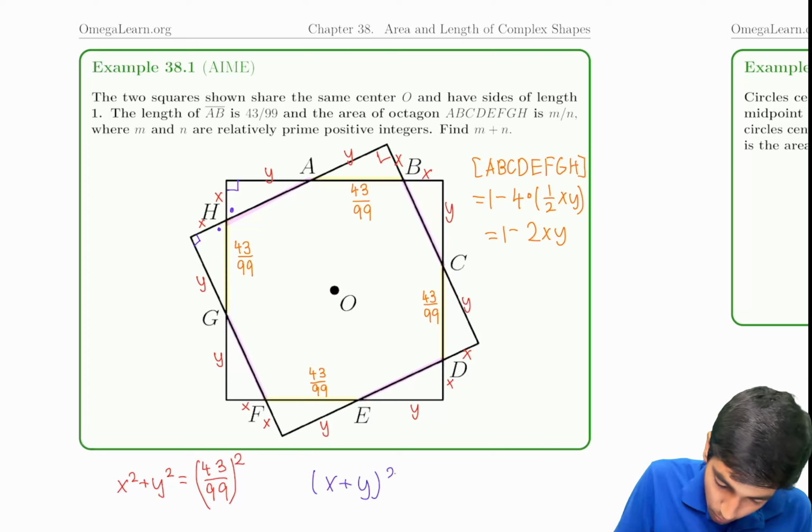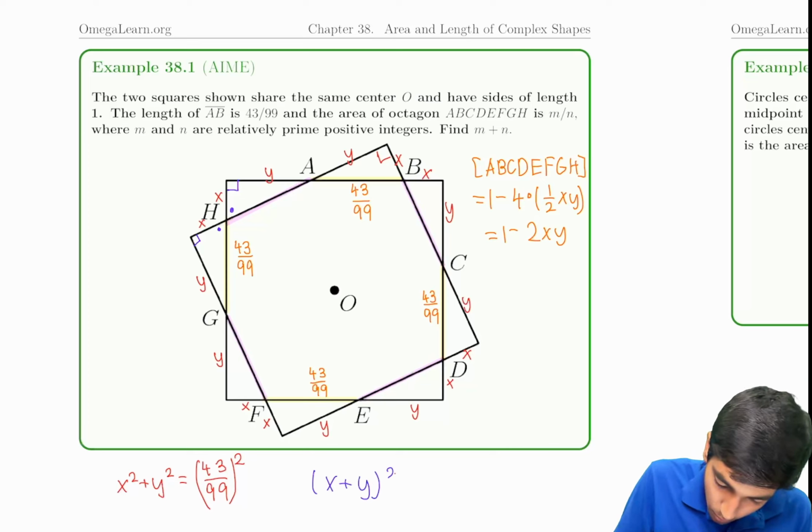So that's 13 times 99 over 99 squared. Wow, the 99s cancel. That's so cool, isn't it? That gives 13 over 99 as the value of 2xy.